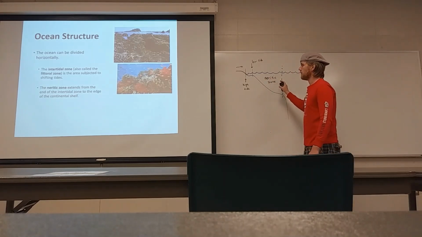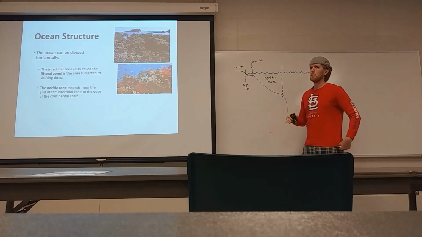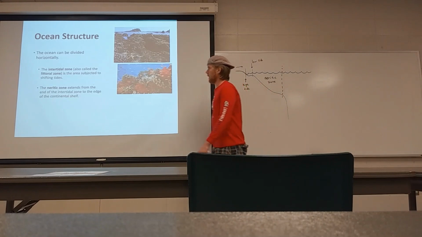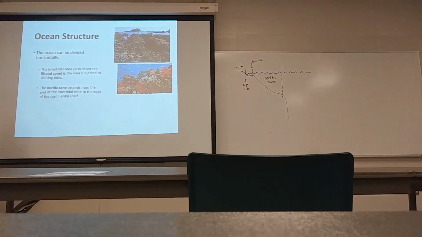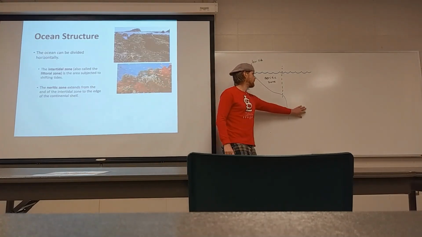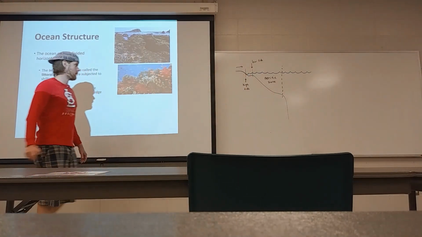That's the neritic zone. It is comparatively shallow to the deep open ocean, right? And this is where a large amount of life that exists in the ocean can be found. Coral reefs are found here, kelp forests are found here. Many species make their home in the neritic zone. It gets light exposure that is not seen in the deep ocean. So that's the neritic zone.